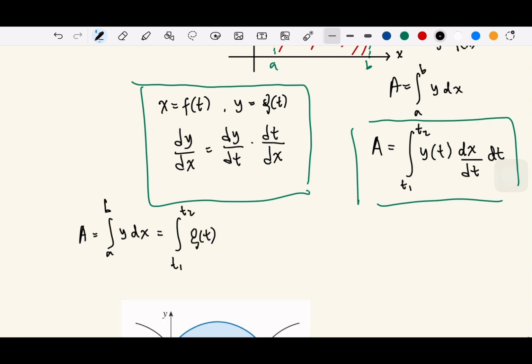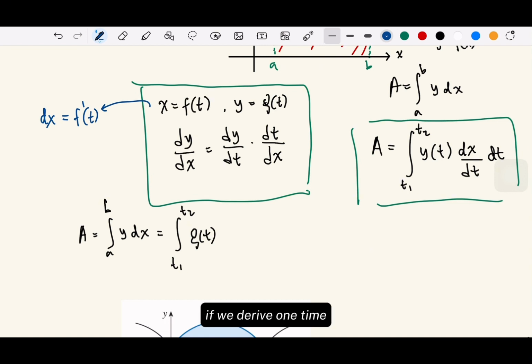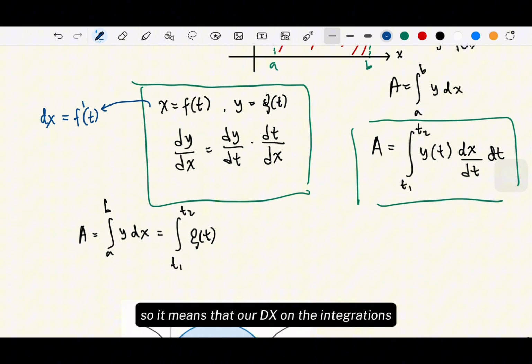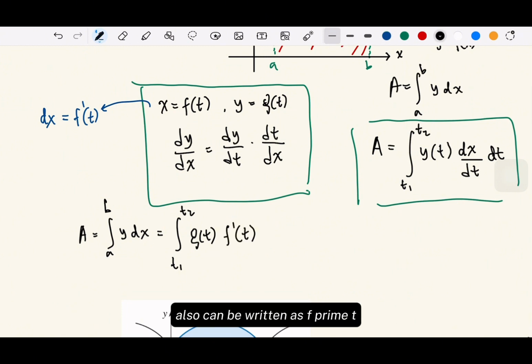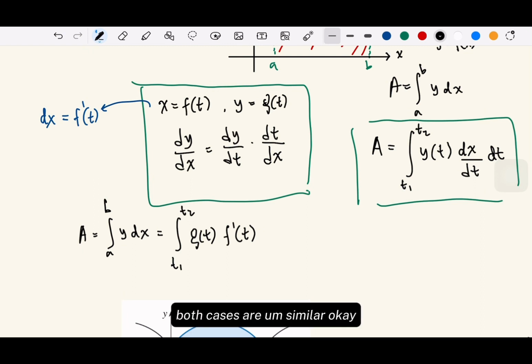And then the dx, we could write from this part here. If we derive x one time, we get f prime of t. So our dx in the integration can also be written as f prime of t dt. Both cases are similar.